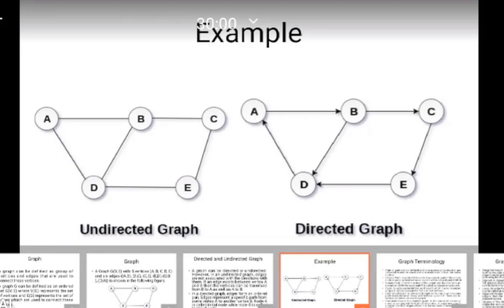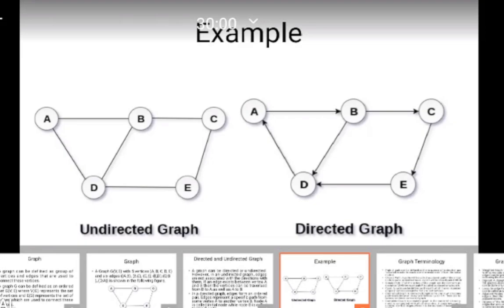And a complete graph is the one in which every node is connected with all other nodes. A complete graph contains n into n minus 1 by 2 edges, where n is the number of nodes in the graph.